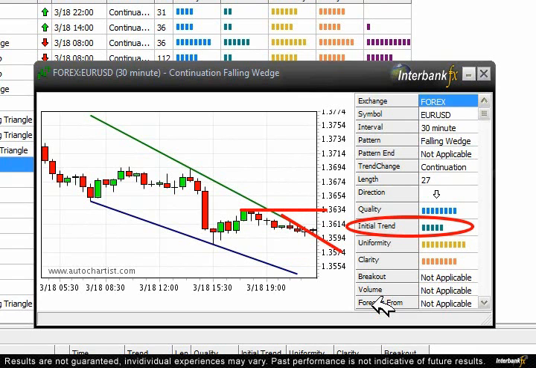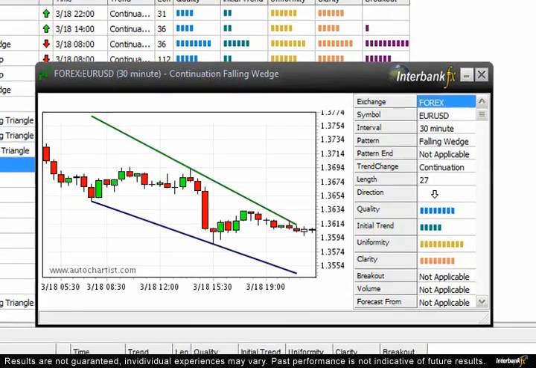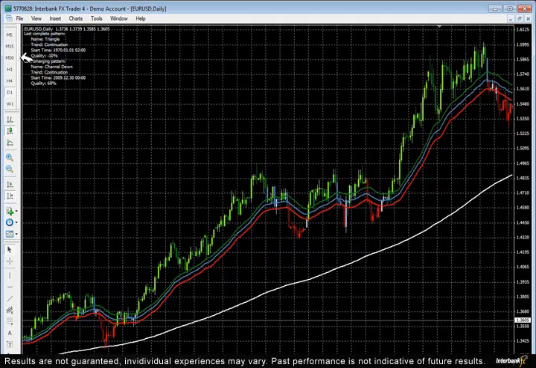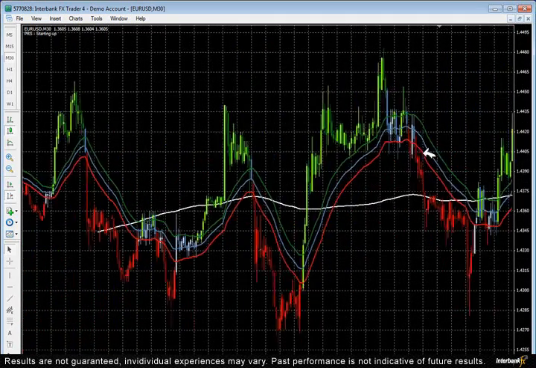Now, again, I always recommend using the combination of not just the initial trend on the PRS, but also going back to your live chart where you've got the wave. So let's go to a 30-minute chart, live chart of the Euro-US dollar right now.